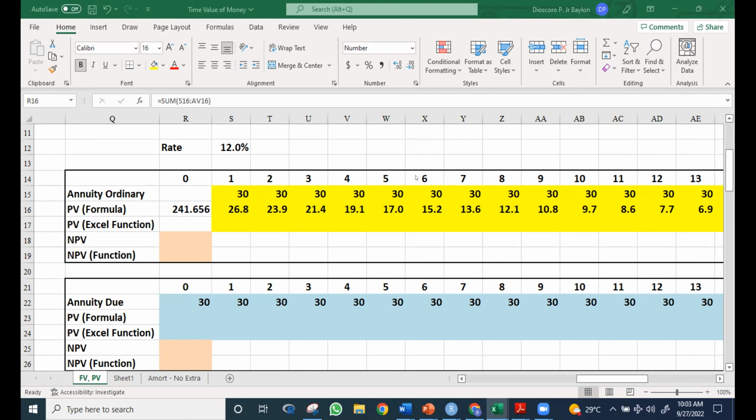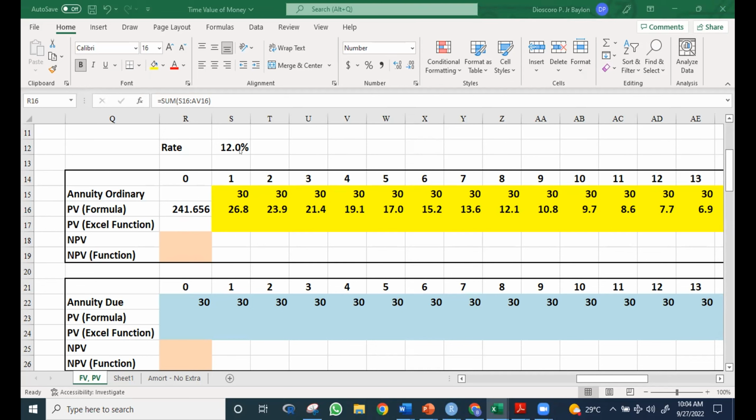okay, so this is what the equivalent of 30,000 every year for the next 30 years is. It is 241.656 thousand. So they're equivalent. 30,000 ordinary annuity is the same as 241.656, assuming the rate is at 12%.